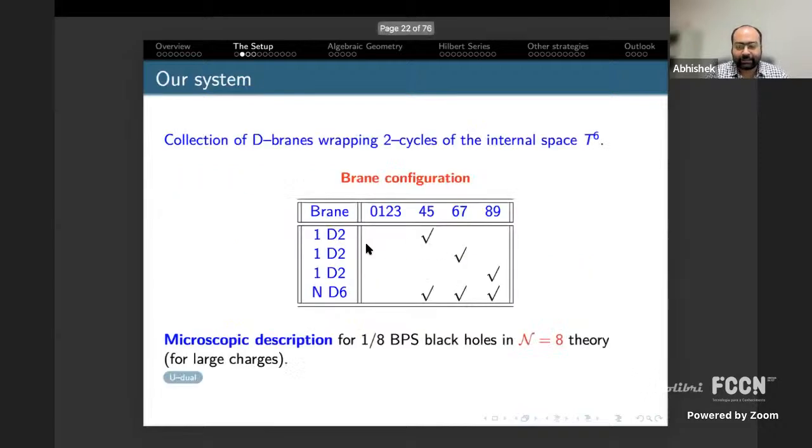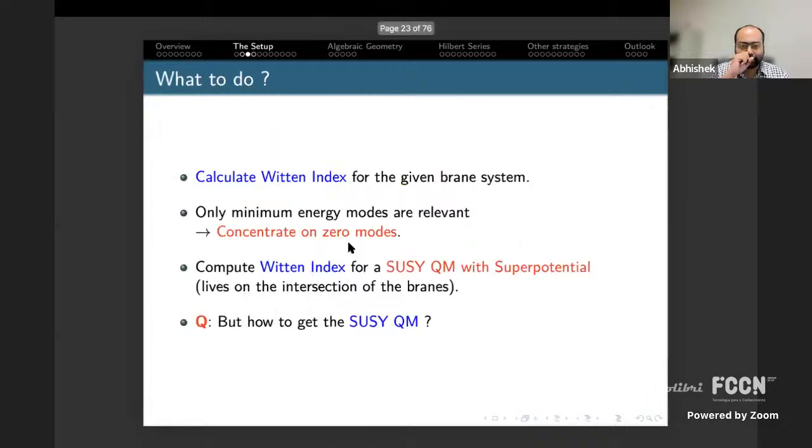And as is seen from this picture, the only common direction for this intersecting D-brane is time. So the theory that we will have is a supersymmetric quantum mechanics living on this intersection, with some superpotentials that we have to figure out.